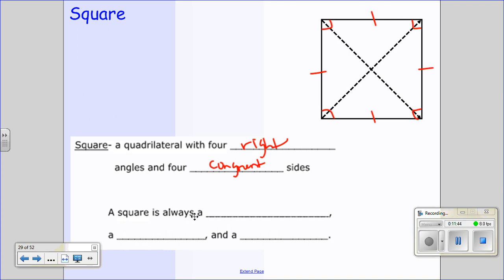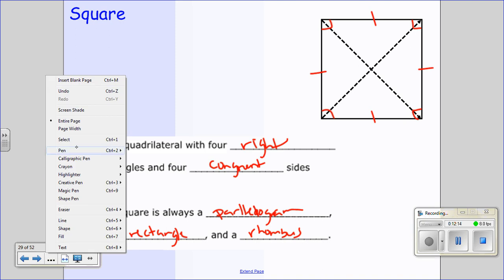So that being said, a square is always a parallelogram and a rectangle and a rhombus. So everything that I have said in the previous day as well as the previous two slides are true for a square.